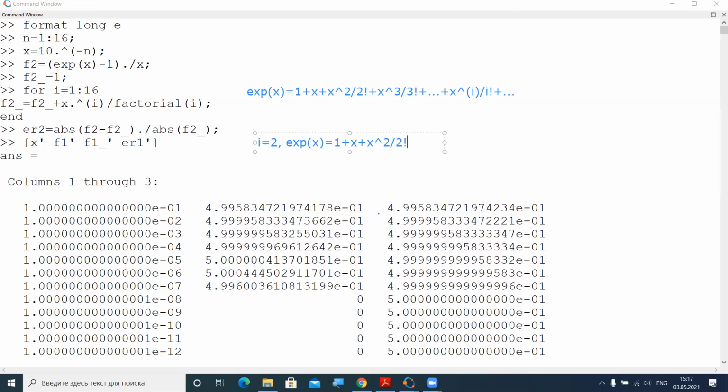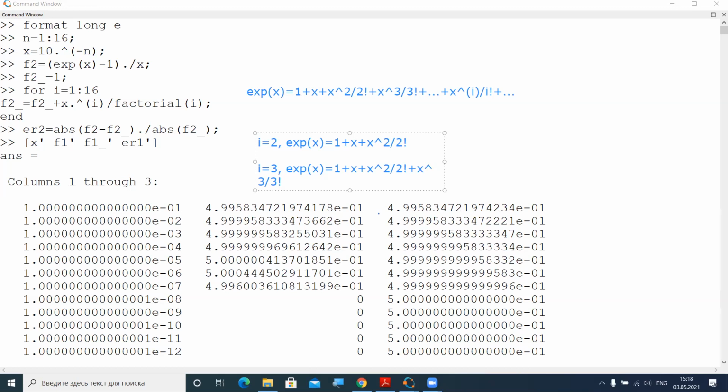If i is 3, for example, it will be exp x equals 1 plus x plus the previous one over 2 factorial, and plus the next one, the third one, x cubed over 3 factorial, etc. Do you understand me now?